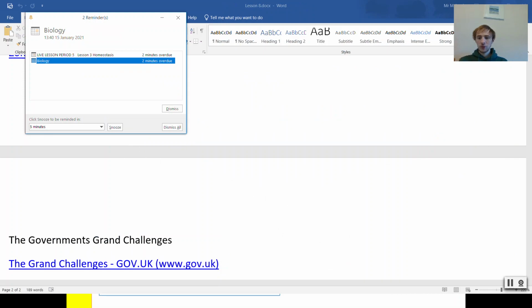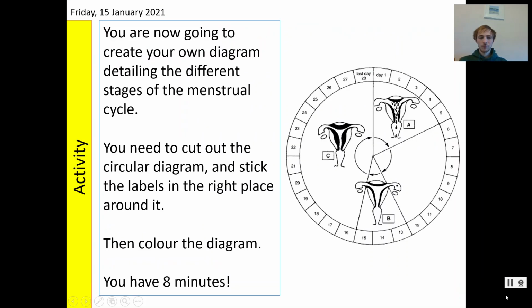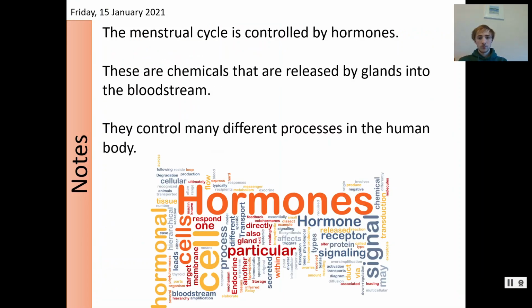And then let's go back to our PowerPoint. So, the menstrual cycle. We've named its stages. Now you have to know what hormones cause those stages. Once you've got that, that's the end of the menstrual cycle. This is actually more complicated than anything we've done so far, because there are 4 hormones involved.